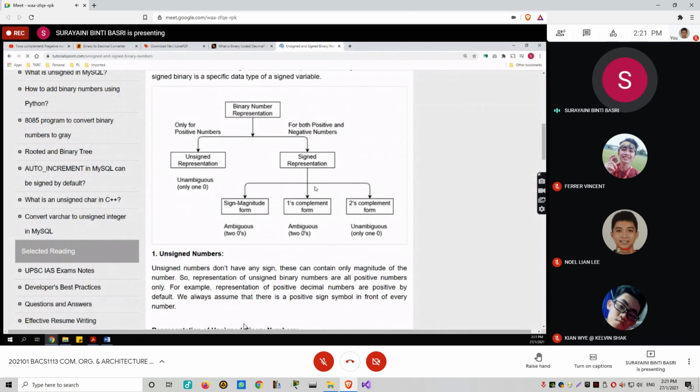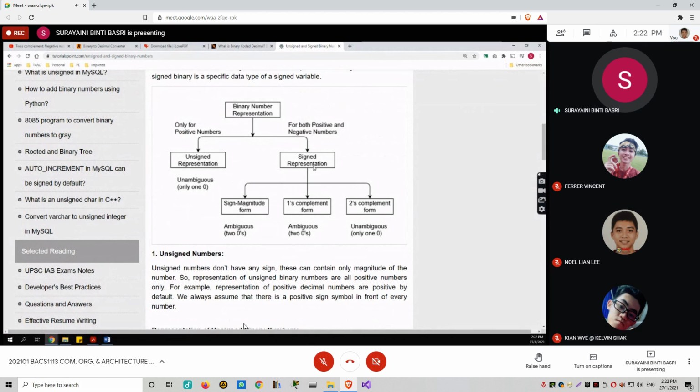But the signed representation is a little bit different because it has two signs, and the computer will find it hard to interpret the negative value. That's why we are learning about signed representation.